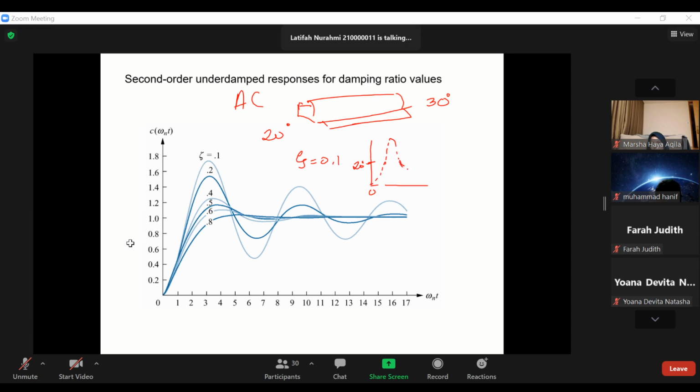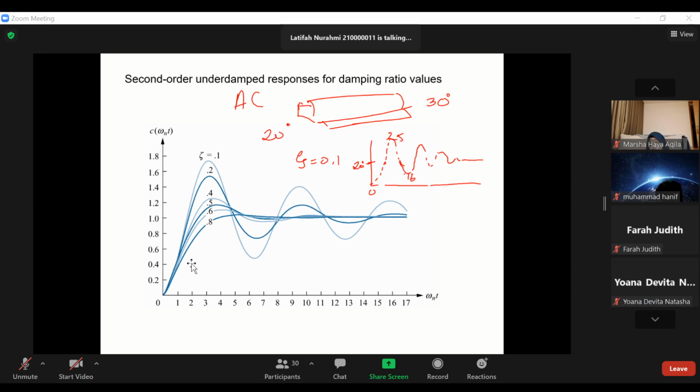So your system takes quite a long time. It goes up and down: 20 degrees, it goes to 25, then below to 16, and so on. Finally, it will reach 20 degrees. It takes such a long time. Your system oscillates too much.